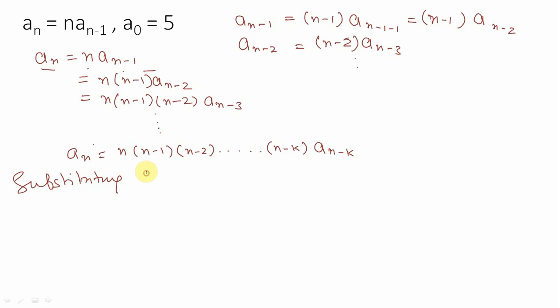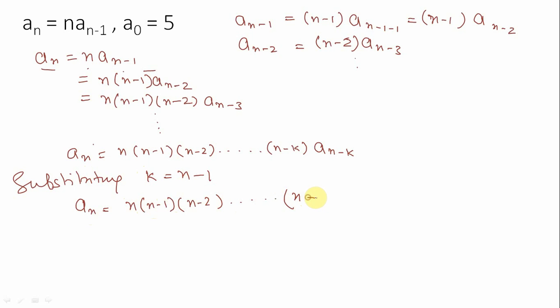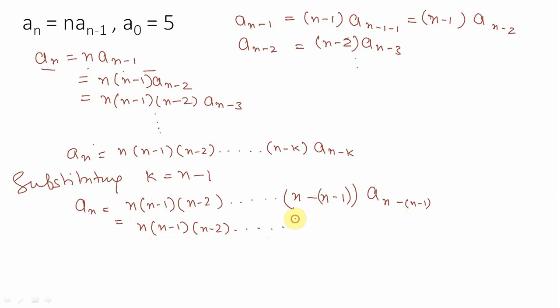Substituting k is equal to n minus 1, I'll get a_n is equal to n (n-1)(n-2) up to (n-(n-1)) a_{n-(n-1)}. So this gives me n (n-1)(n-2) up to 1 and a_1.